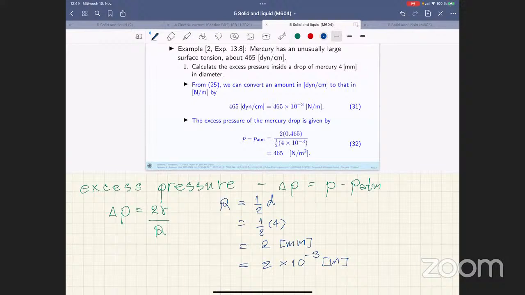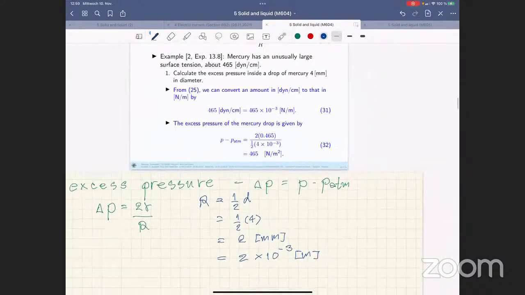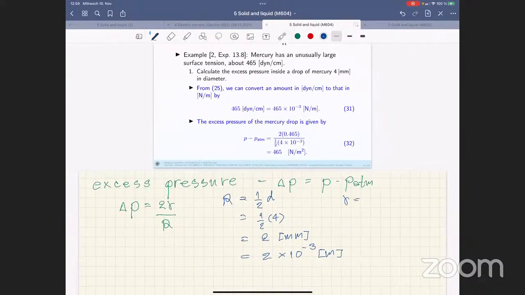Gamma is what they have provided, which is 465, in the unit dyne per centimeter, right? And we have to convert it to the SI scale, because we will compute everything in terms of SI unit. It's going to be 465 times 10 raised to negative 3, right?